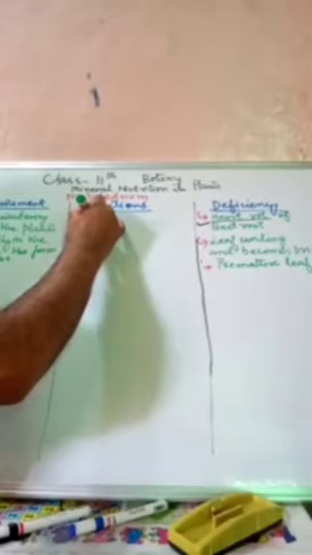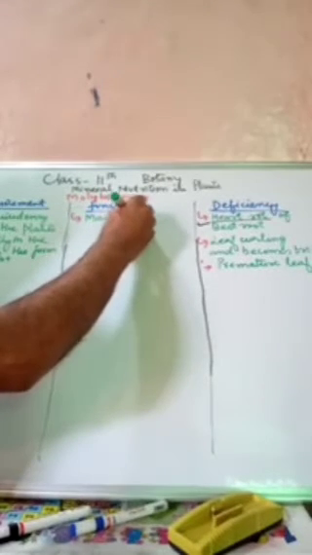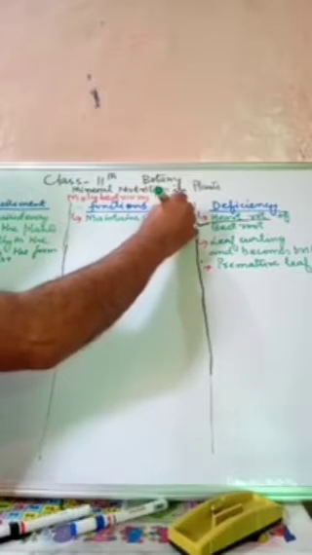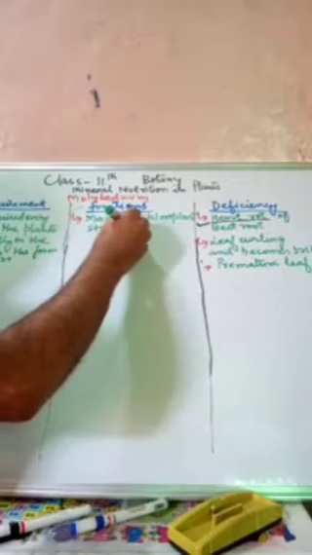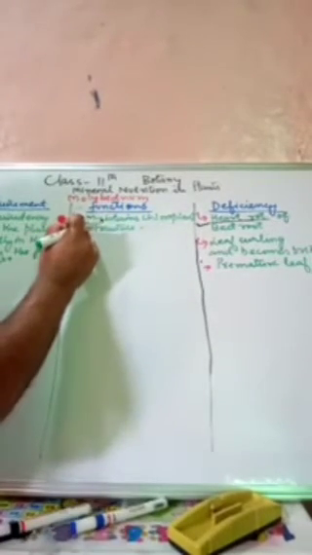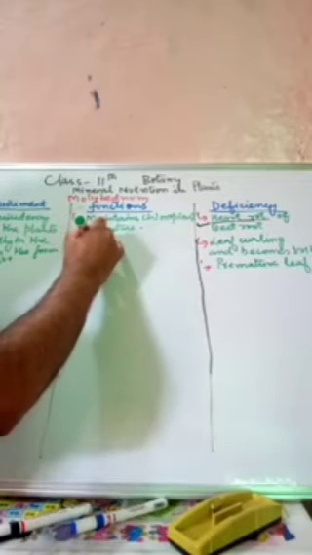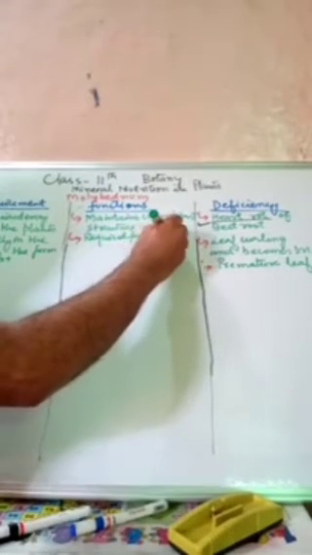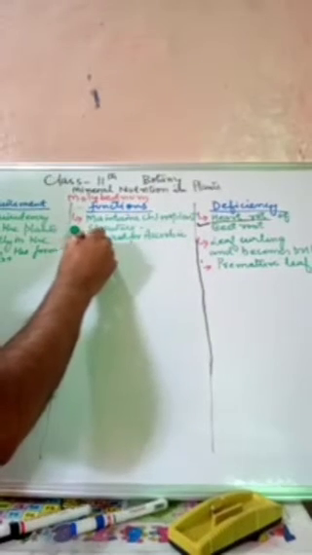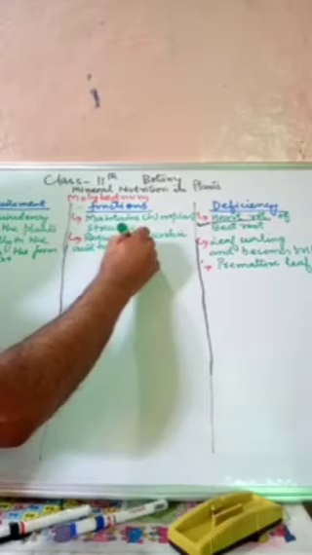The first important function is that it maintains chloroplast structure. That is one important function, chloroplast structure. Second, it is required for ascorbic acid metabolism, that is vitamin C.